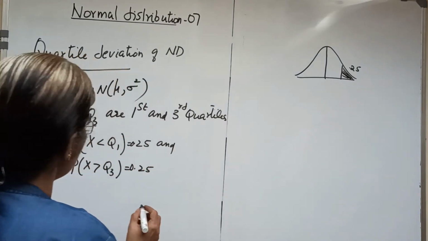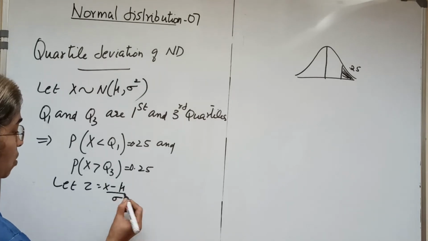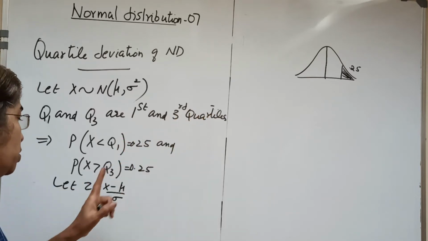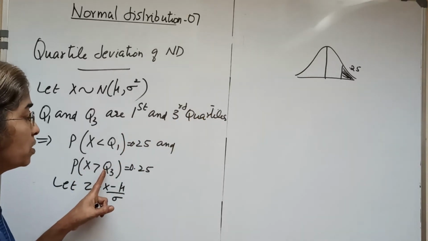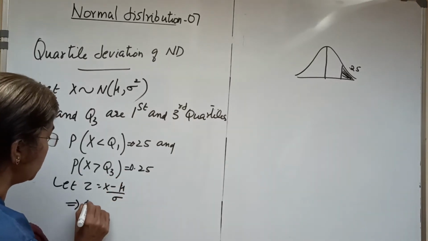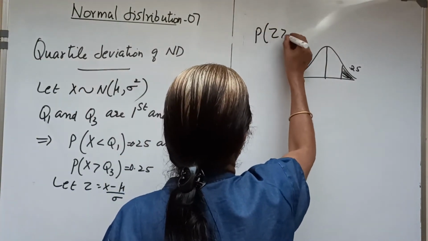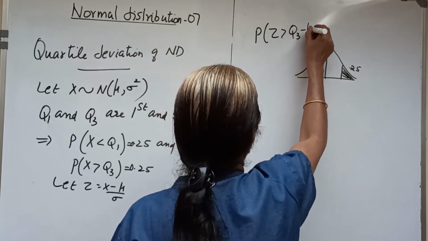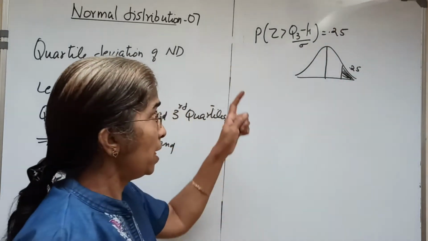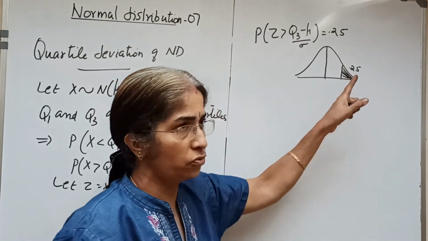Now we consider the transformation z equal to x minus mu by sigma. The standard normal curve is symmetric at z equal to 0, and if we consider Q3 minus mu by sigma, probability z greater than Q3 minus mu by sigma equals 0.25.